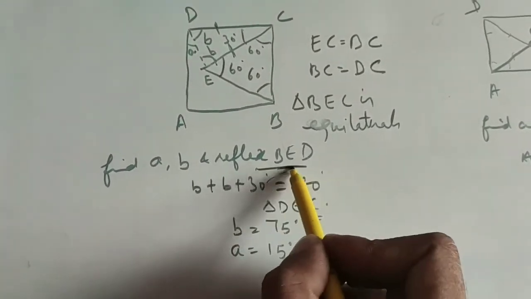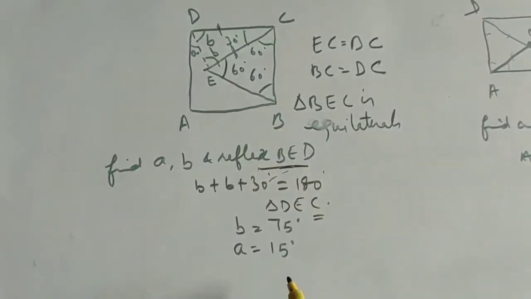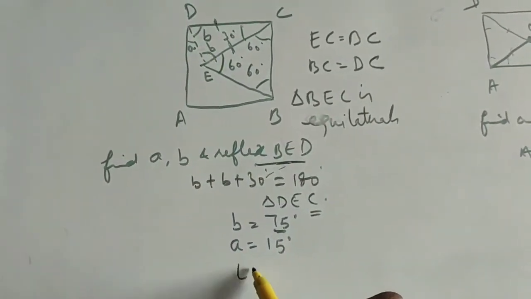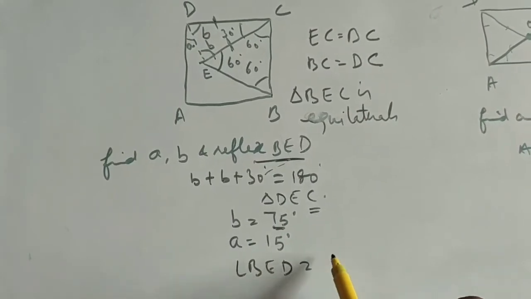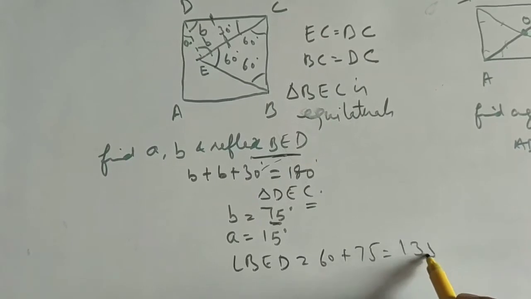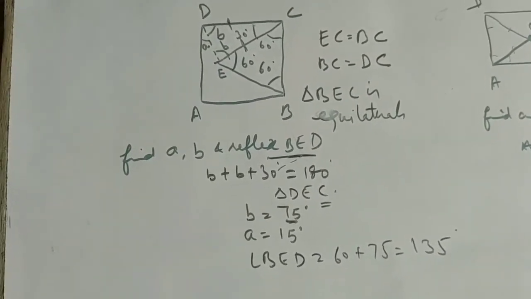Now we need the reflex of BED. First we find out this BED. Now this is B and this is 60. So angle BED is equal to how much? 60 plus 75, so this is 135. So angle BED is 135.